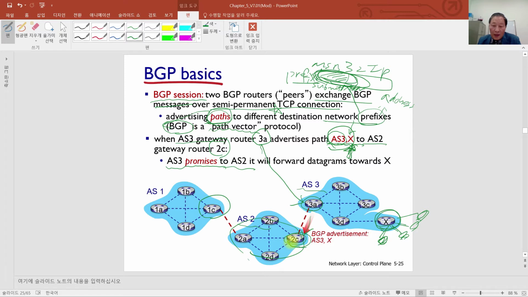If you are sending some datagram that is destined to X address, then that can be reached through this gateway, which will forward datagrams towards X. This one can be reached in this way or in that way, depending upon the shortest path algorithm that will be chosen.